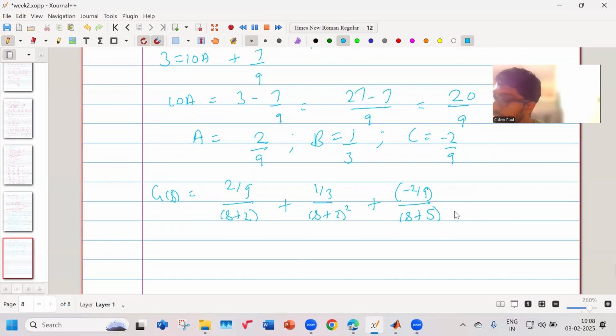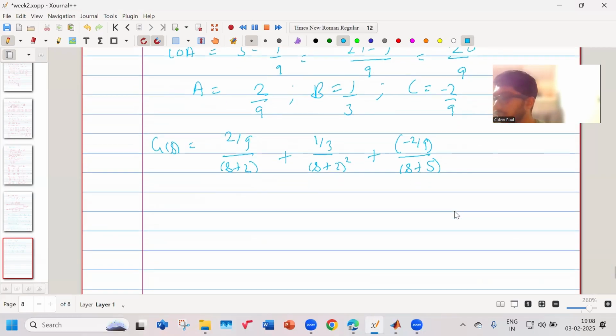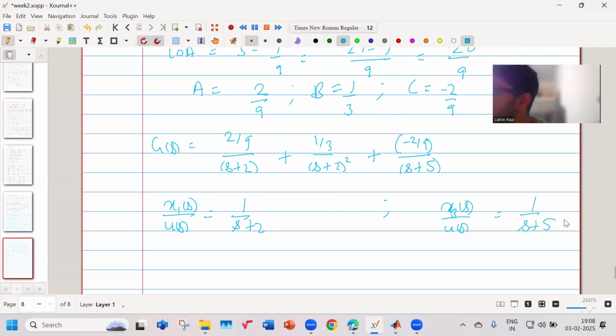So now how do we go about this? It is simple to make X1 of s upon U of s be 1 upon s plus 2, and X3 of s upon U of s is 1 upon s plus 5. So these are very simple.